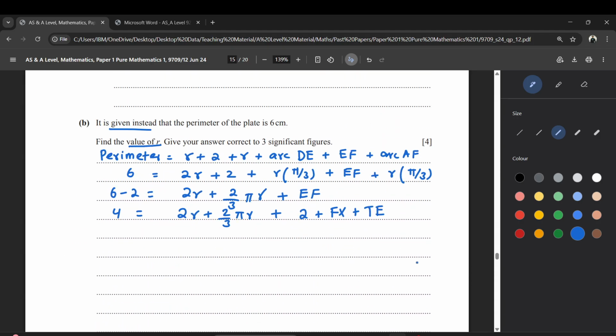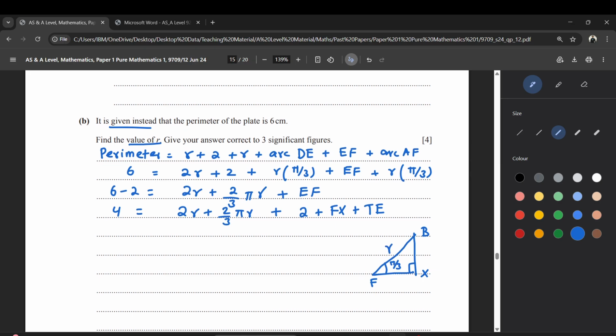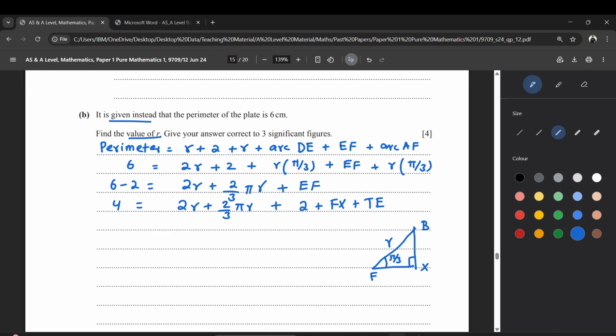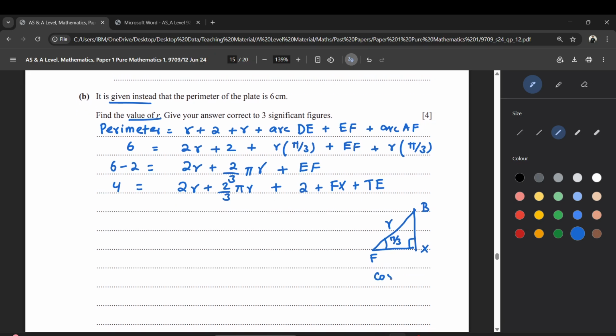Okay, now let's try to find FX. Again, I'm going to draw this triangle, which is BX, and this is F. This angle is pi upon 3, okay, and this is your radius R, which is unknown. So we can find an expression in terms of R. So this expression would be cos pi over 3 equals FX upon R. So therefore FX is equal to R cos pi upon 3, and cos pi upon 3 was half, right?